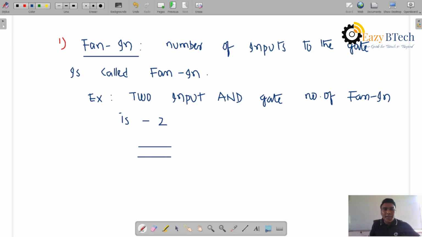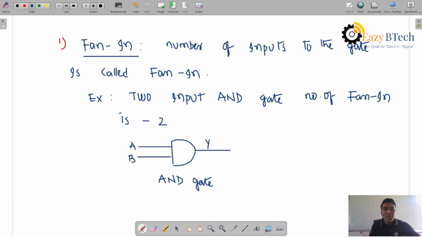A 2 input AND gate: A and B are the inputs, and Y is the output.